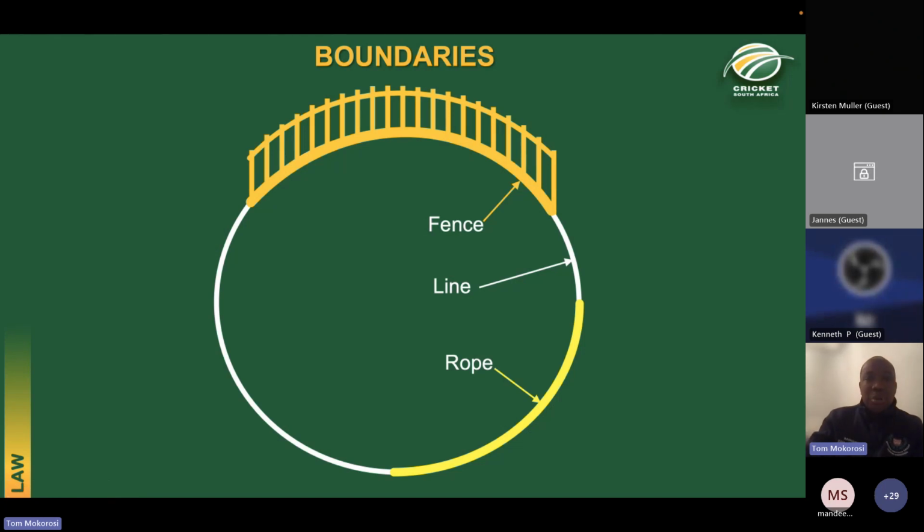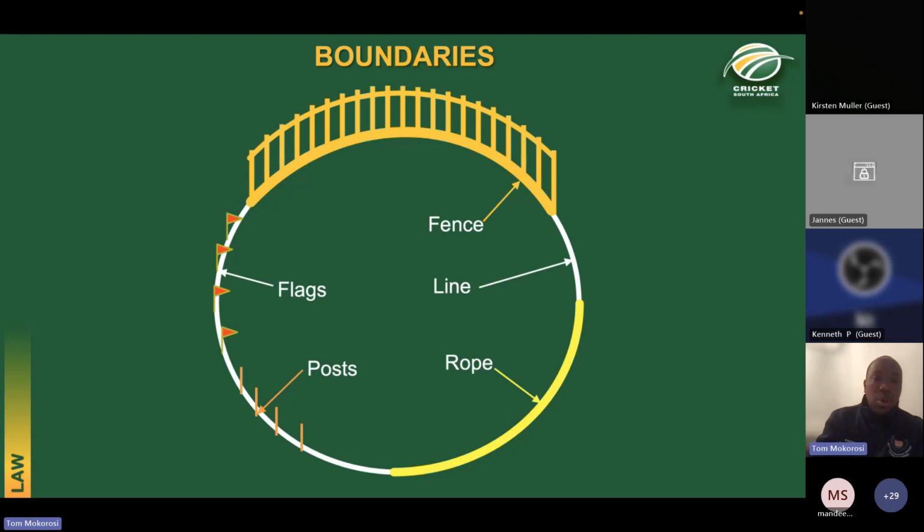And underneath that rope, it is preferable to still have a white line so that when the rope is moved out of place by a fielder fielding the ball on the boundary, then that fielder can put the boundary rope back on the line so that it is in its correct place. Again, the inside edge of that rope is the start of the boundary.